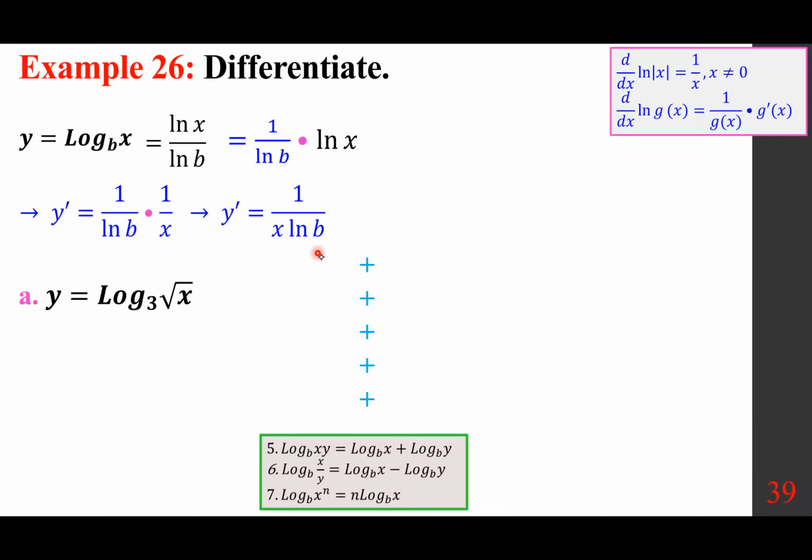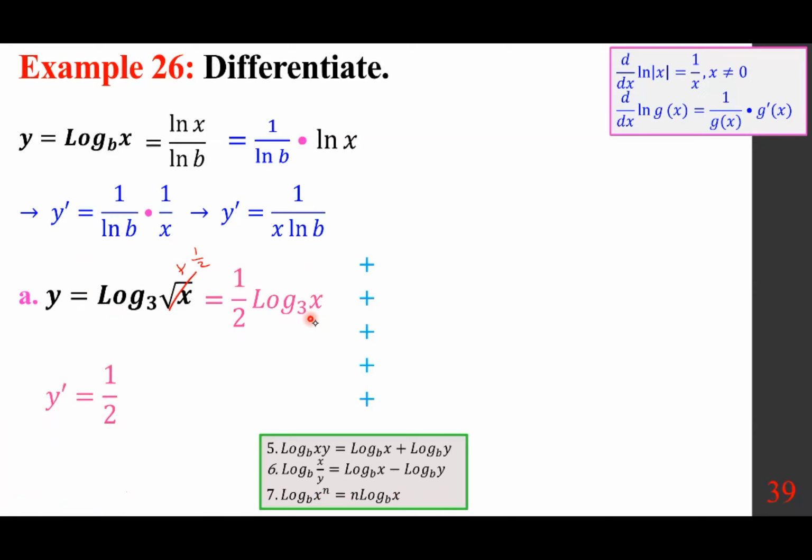So we are going to rewrite this in the following manner: x to the power of 1/2. 1/2 sits in front according to the power rule. And now 1/2 remains. I'm going to take the derivative of this one.